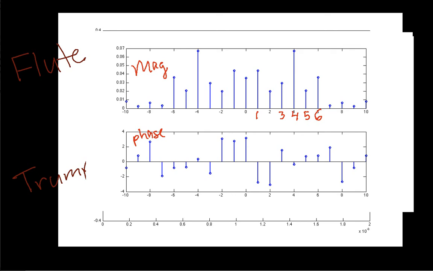So that's actually also the reason why a trumpet sounds different than a flute. It has a much larger set of higher harmonics, and these harmonics allow your ear to differentiate between the trumpet and the flute. So in subsequent videos, we'll talk about how to compute Fourier series coefficients and a lot more great information like that.